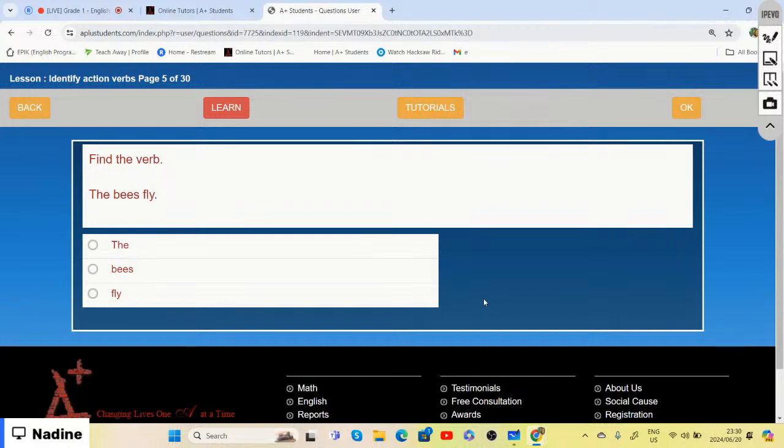We need to find the verb within that sentence. And fly is our verb that we had identified.